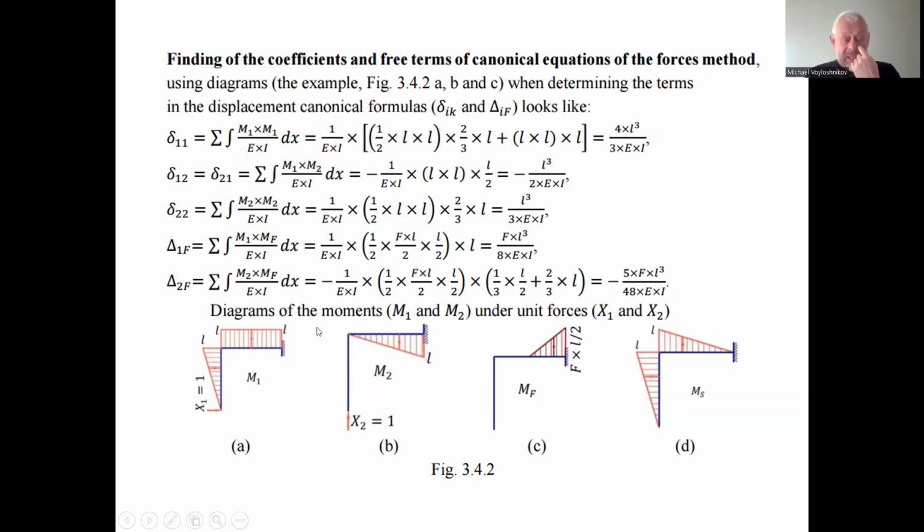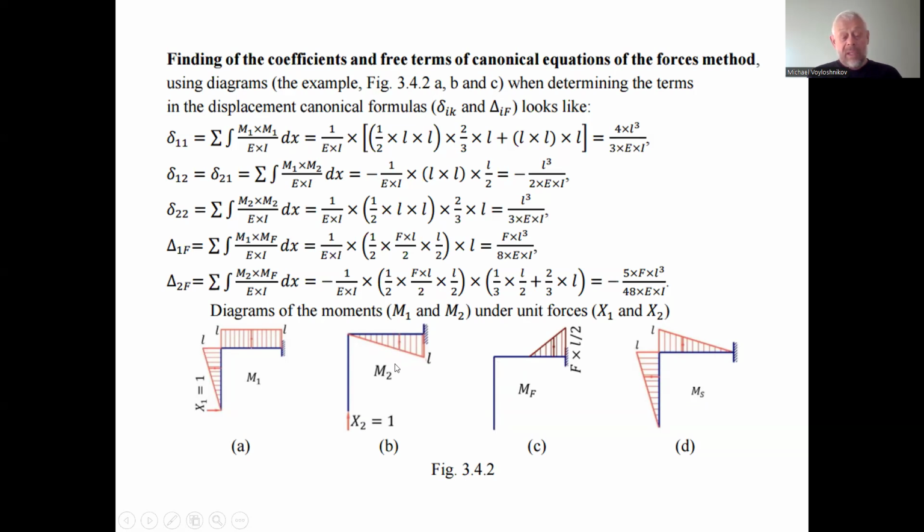And here we have as well the area of the previous diagram of the bending moments under the influence of the external load. And here we have the mathematical equation for this one segment, just a half of the upper segment of the main system frame.